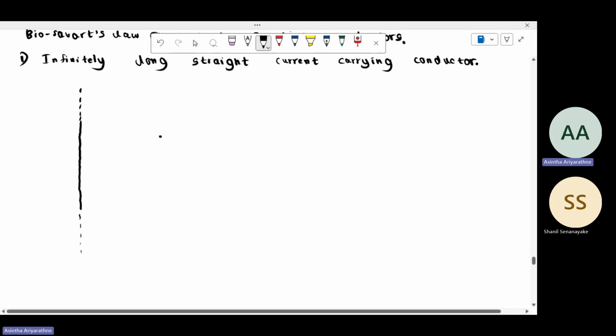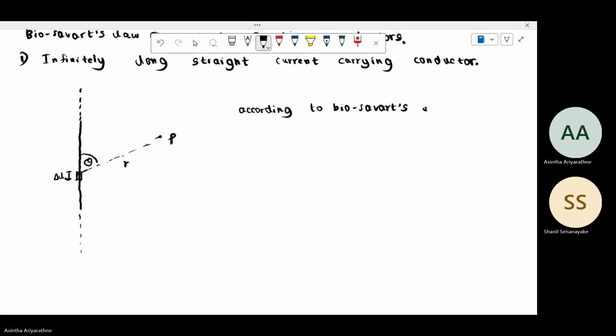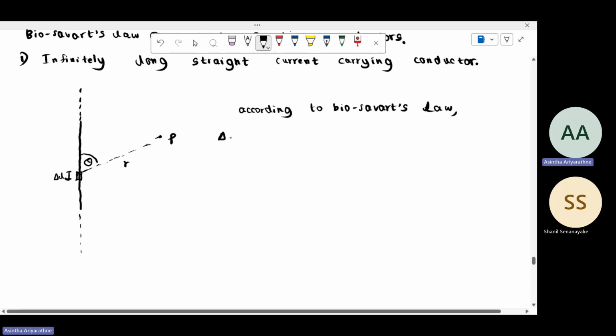Right? So let's say we want to find the magnetic field here. Distance r, angle theta, and the delta L element. So according to Biot-Savart law, the magnetic flux density at point P due to this delta element is mu naught over 4 pi, I, so current is I, delta L sine theta over r square.